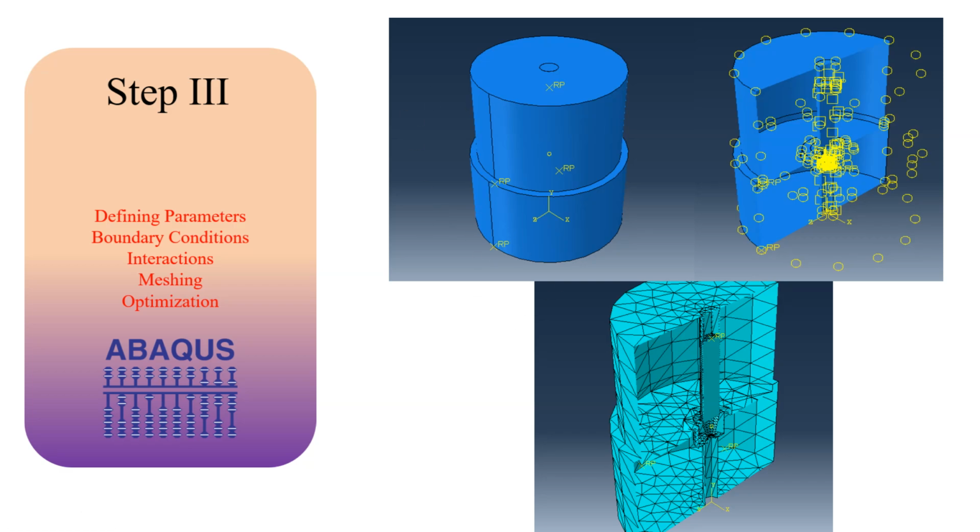Then I defined many conditions and interactions for the parts included in this process. Since there are many interactions between the parts, like friction or load applied to the parts, you have to set these conditions and interactions between the parts.